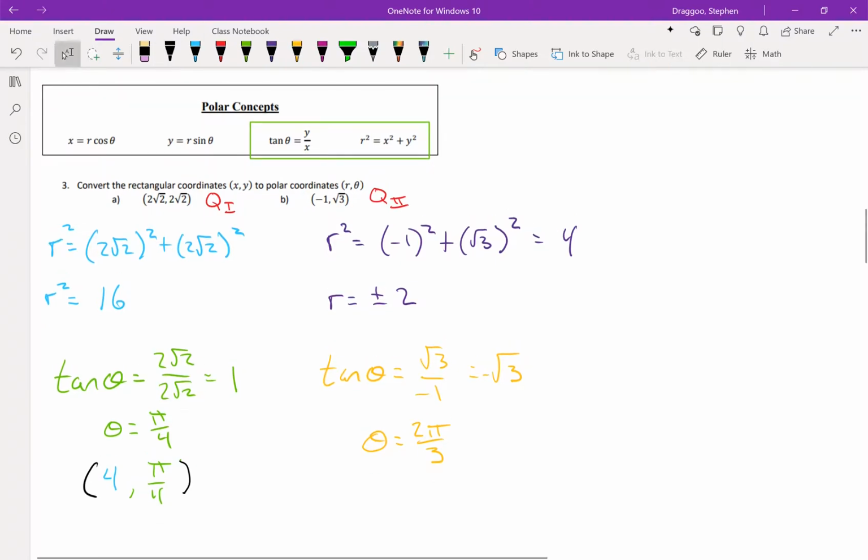Meaning then that the point I've chosen to go with should be positive 2 for r and 2 pi over 3 for theta. But it wasn't until I chose my value for theta that I knew if r would be positive or negative.